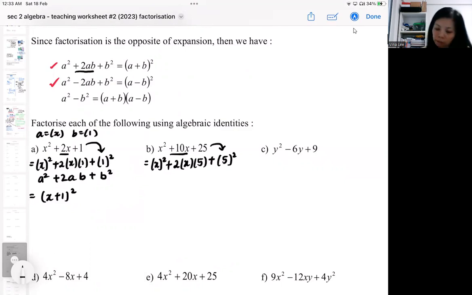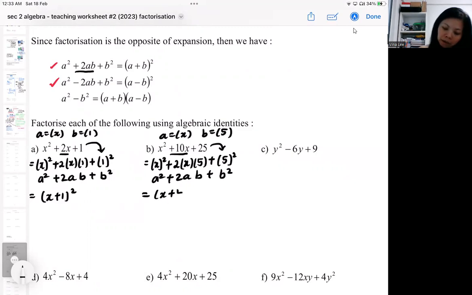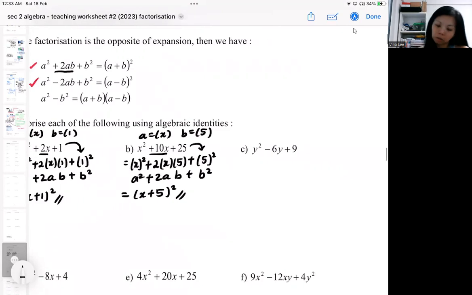And it actually matches the a squared plus 2ab plus b squared. So your a is x, your b is 5, so that will become x plus 5 squared. Again, if you do the cross method, tic-tac-toe method, or multiplication frame method, you will get the same answer. If you can directly see it, you don't even need to do any working.